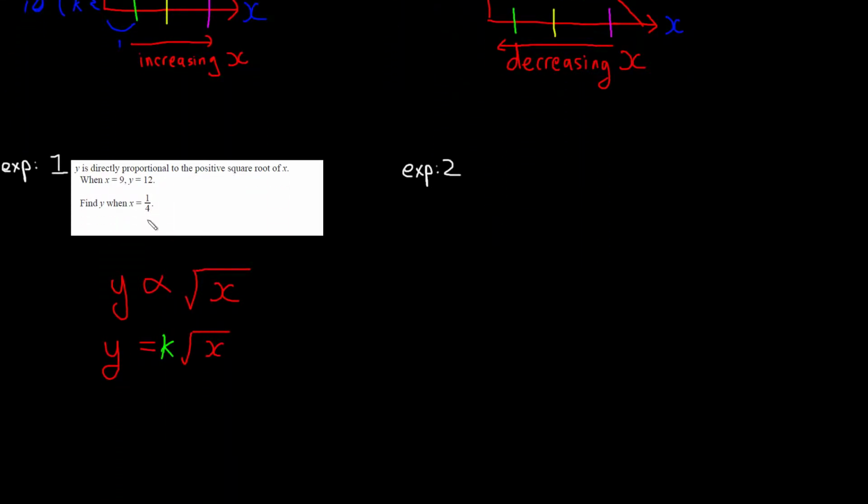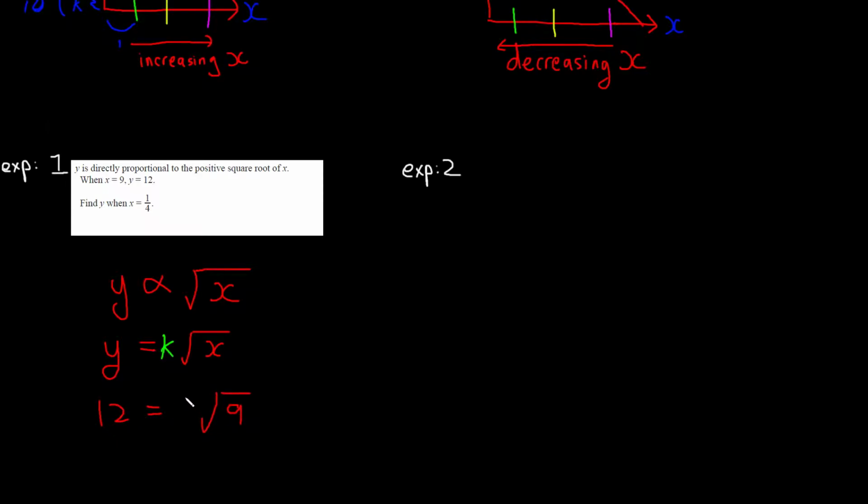So you can see here, when X equals 9, Y equals 12. If you were to just simply write this down, when Y equals 12, the square root of X, where X equals 9, is actually 3. We would know that 12 does not equal 3.